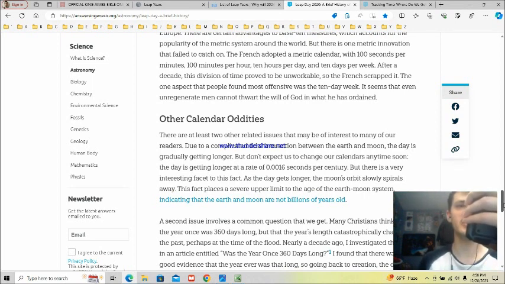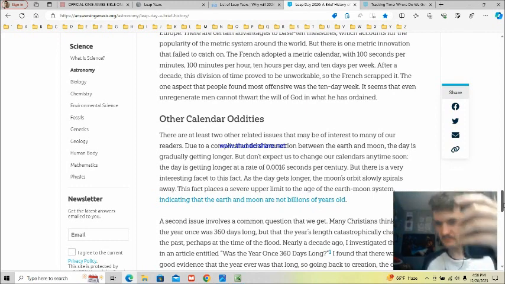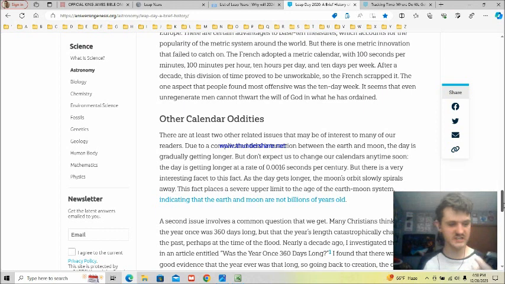People born on leap day are often called leaplings or leapers. Most of them celebrate birthdays on February 28th or March 1st. Okay, so that's what it says on my phone. I just Googled it.